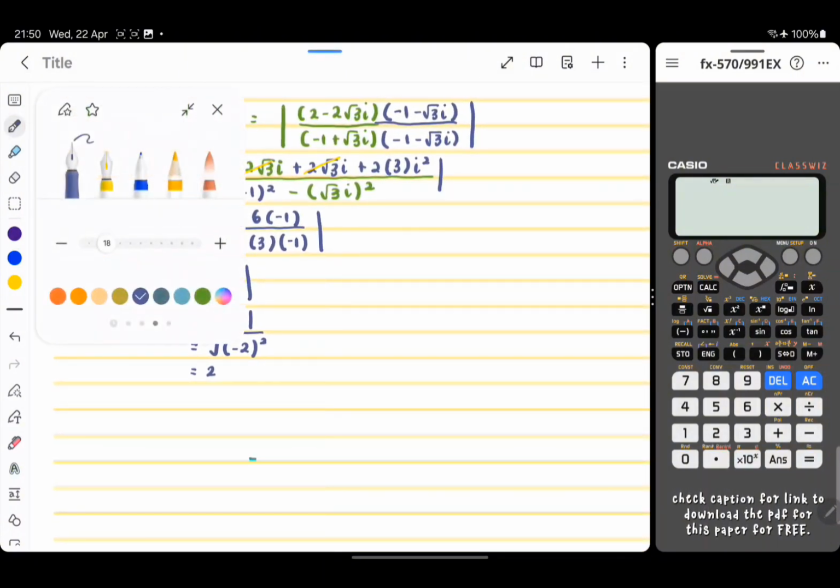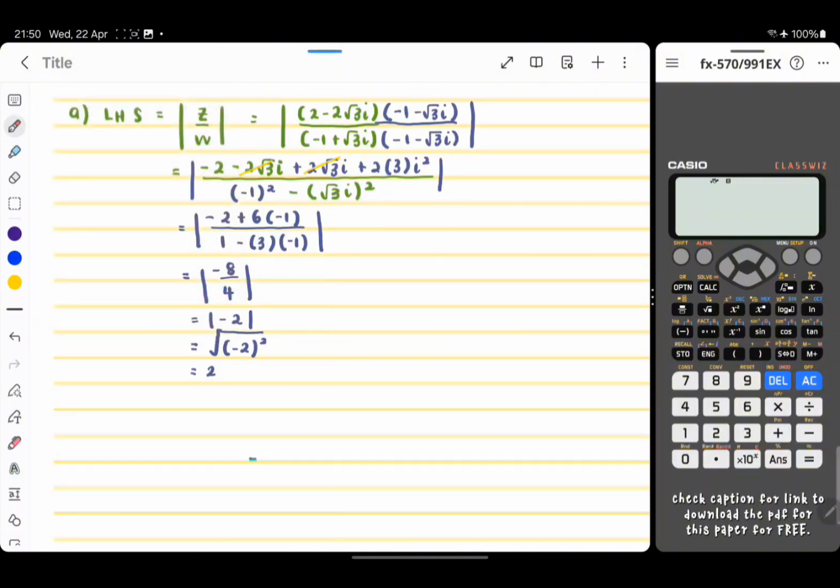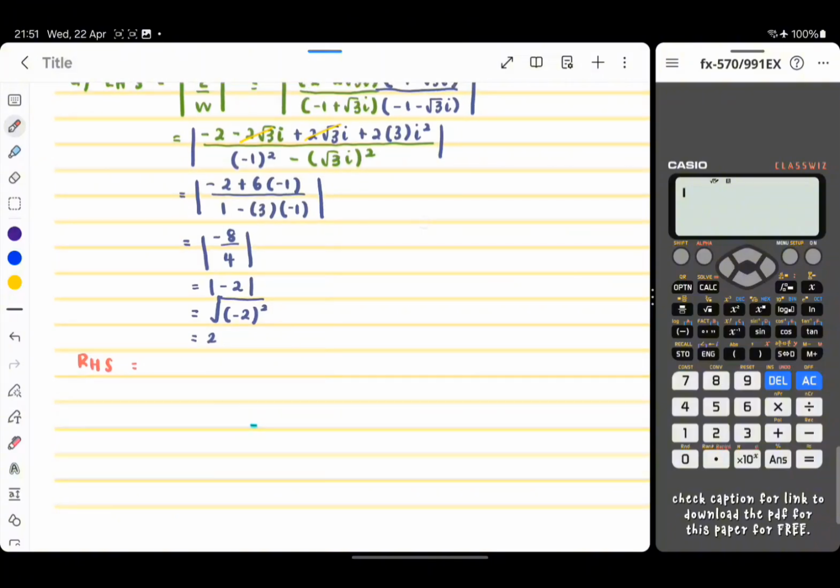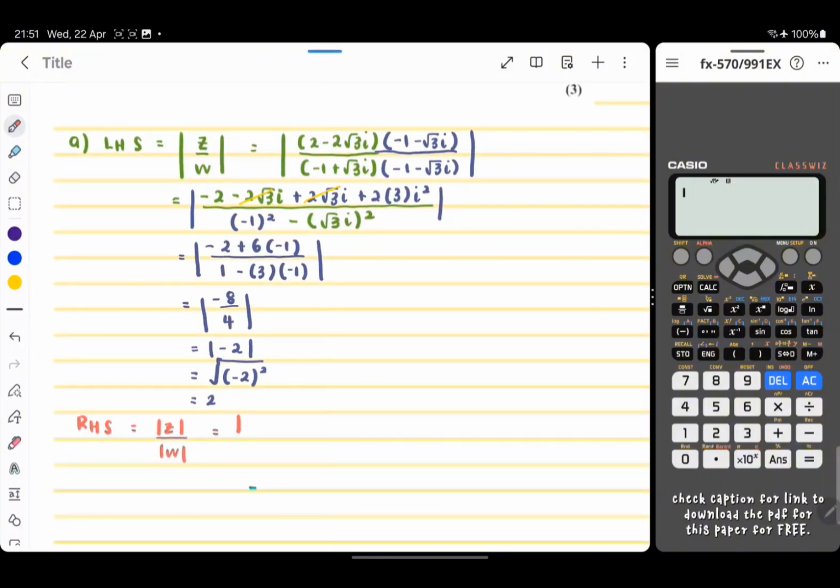We will now move on to our right hand side. For the right hand side, what we will do is the opposite. We will take the modulus of each one first and then we will divide. So modulus of z over modulus of w. So what is our z? Our z is modulus of 2 minus 2 root 3i over modulus of negative 1 plus root 3i.